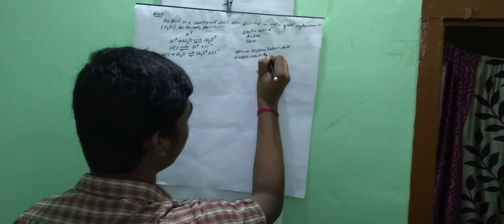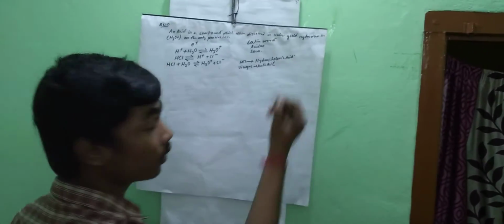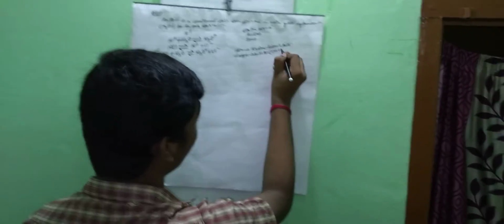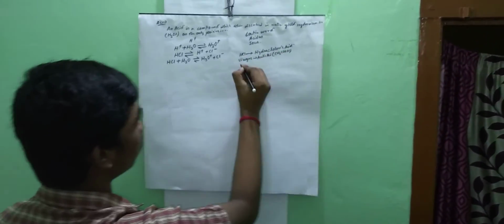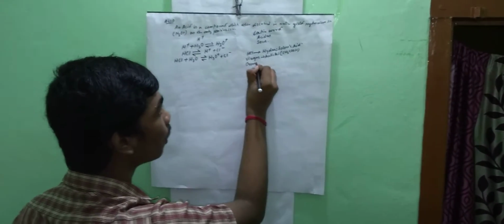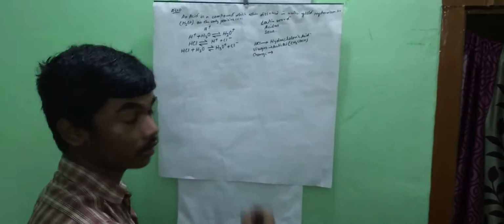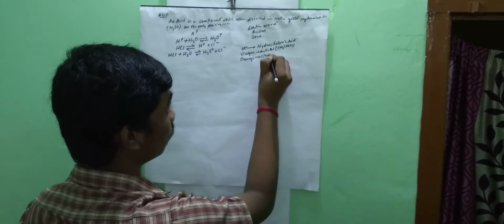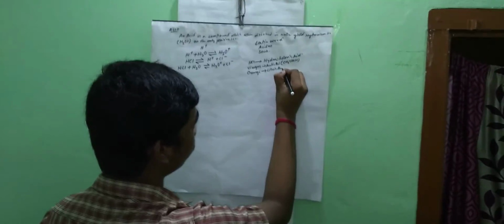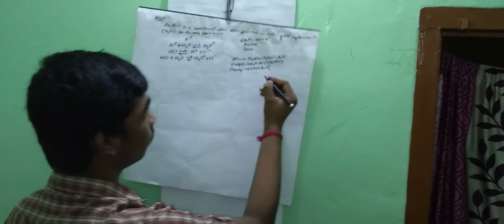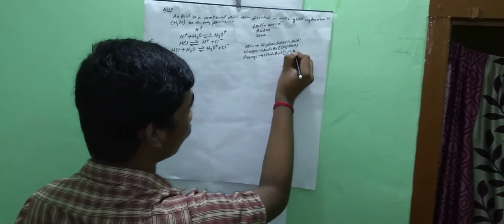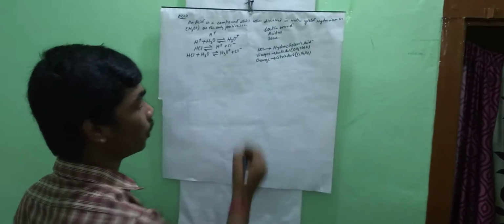The formula of acetic acid is CH3COOH. In orange, citric acid is found. The formula of citric acid is C6H8O7.